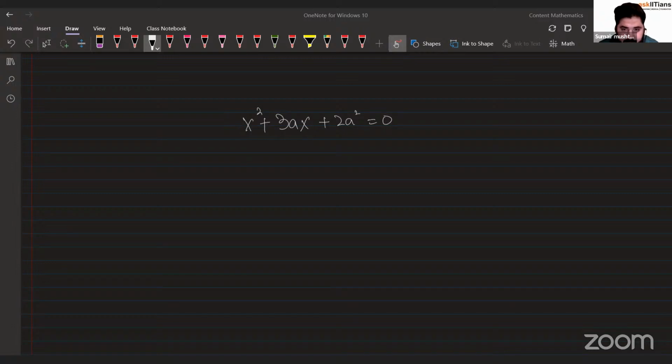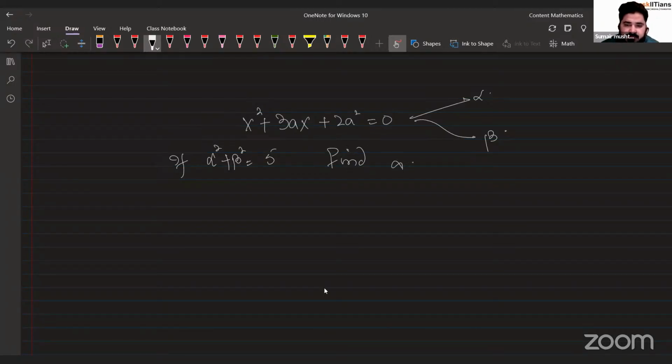If the roots of this are alpha and beta, and if alpha square plus beta square is equal to 5, then you have to find a. Simple.